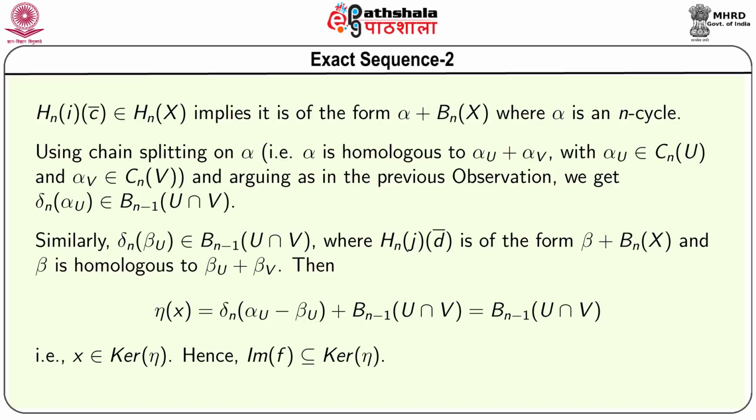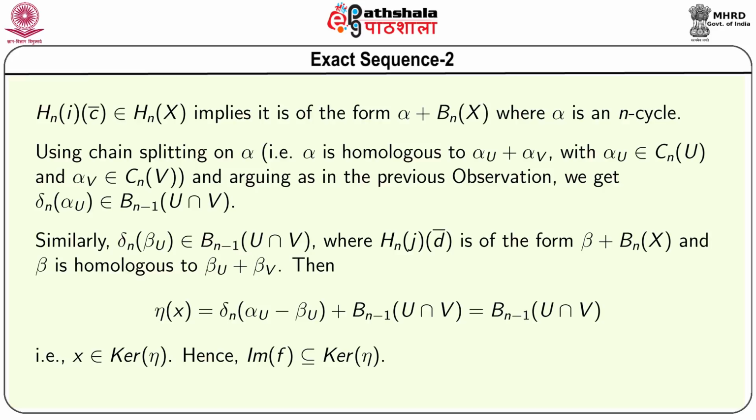And H_n(C̄) being a member of H_n(X) implies that it is of the form α + B_n(X), where α is an n-cycle. Using chain splitting on α, we get α_u and α_v such that α_u + α_v is homologous to α.